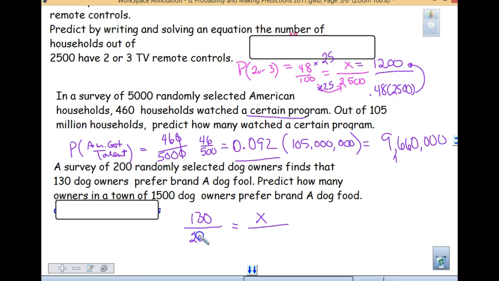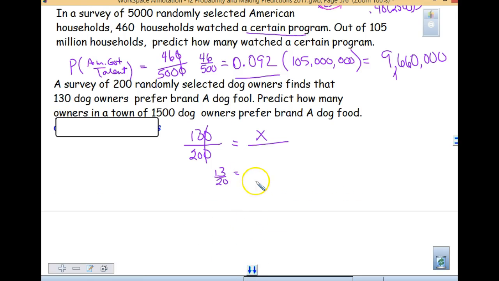130 divided by 200. Now, if I'm looking at that, I might simplify that fraction because I want to work with smaller numbers to 13 over 20, right? And if I have 13 over 20, I am then looking at a town that has 1,500 to x. Now, I could have put 1,500 up here. I don't know if you remember when we did proportions, we said you could have cross multiplied, right?